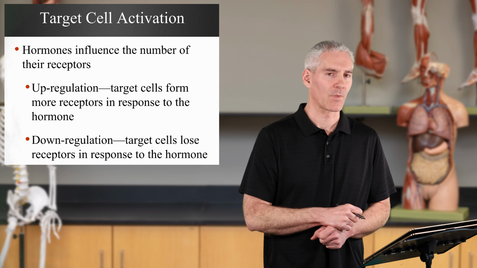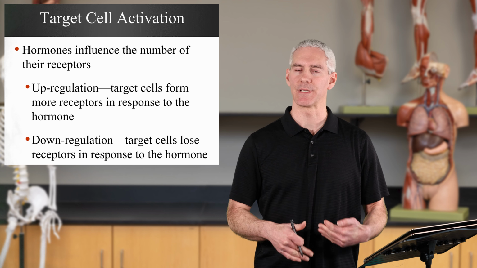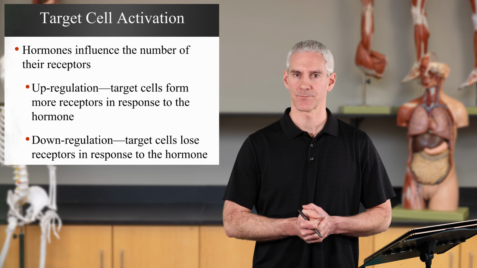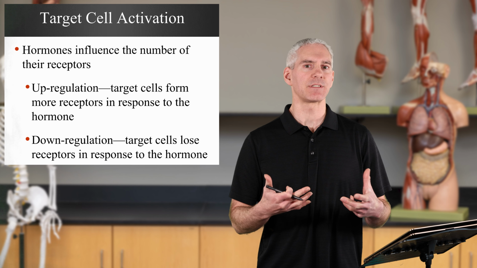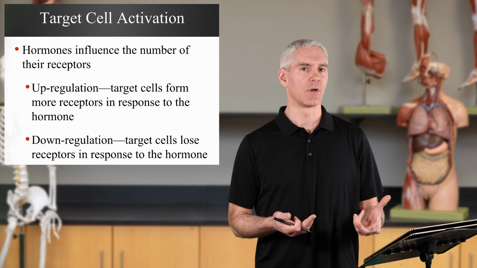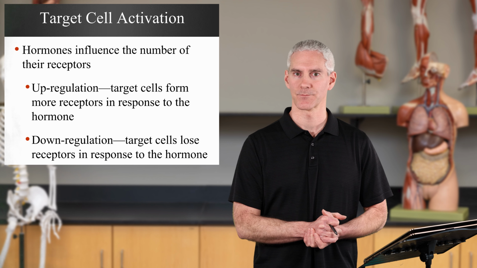Now there can be some modification here. Of those three, blood levels of hormone can be increased and decreased, so you have control over that. Then there's upregulation and downregulation. You can increase the number of receptors, or you can decrease the number of receptors. So any particular tissue can create more receptors if it didn't have enough to bind the hormone.